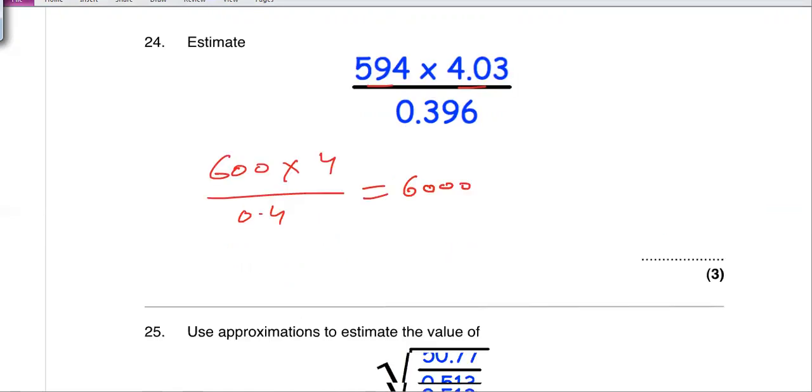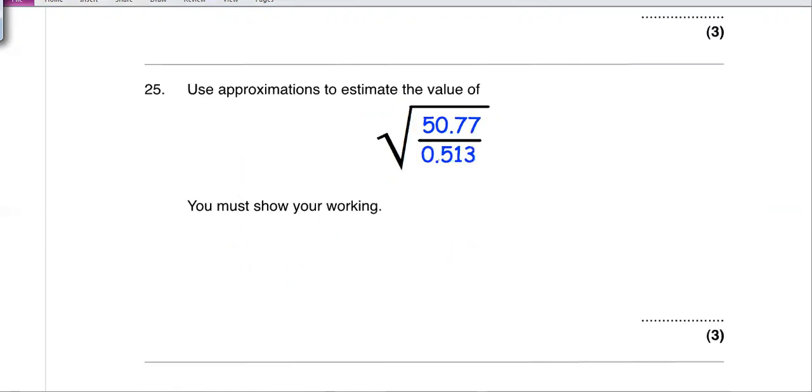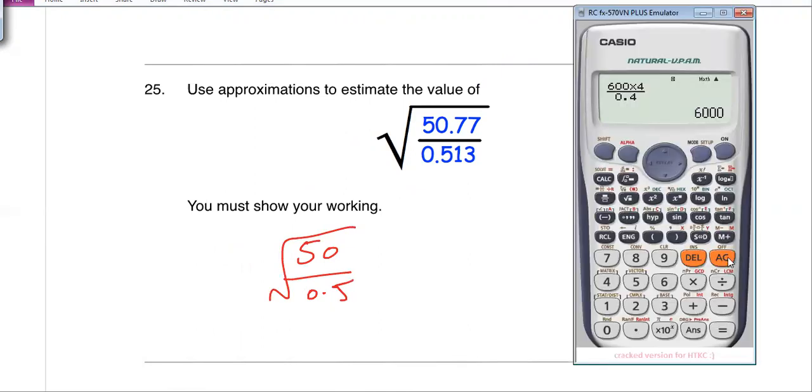Okay. Now for this one, when you have to do approximation, right now it's involving a division sign, so you can do that. Round to one significant figure, it will be 50 over 0.5, and then a square root is involved. So if division and square root are already involved, then you can use the same way: 50 over 0.5.